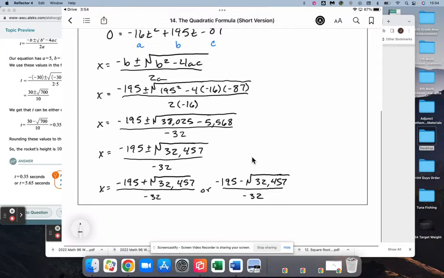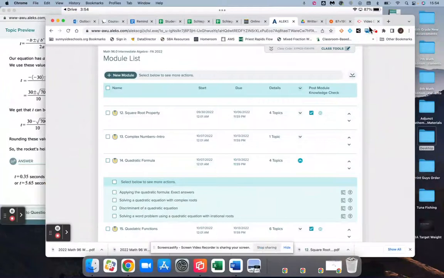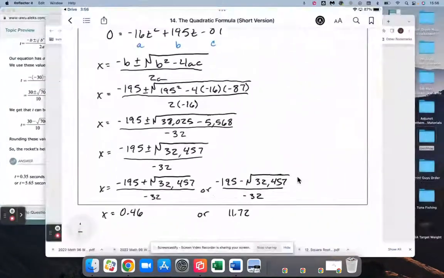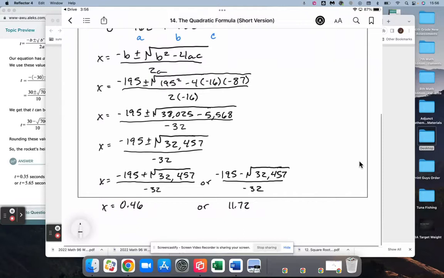Now, you'll be able to run those numbers into a calculator and come up with decimal approximations. Looks like Alex is going to want you to go to 2 decimal places, and so I'll do the same. I'm going to punch this in a calculator, and I'll be back with what I get. Okay, I got my calculations done, and the decimal approximations are 0.46 for the one on the left and 11.72 for the one on the right.